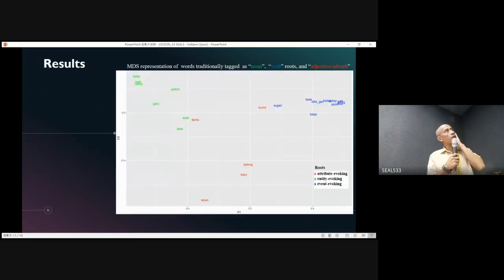So this is the MDS. As you can see, the blue words are event-evoking roots, the red words are attribute-evoking roots, and the green are entity-evoking roots. It's clear here that they tend to group. So this indicates that there's a tendency for them to belong to a category.